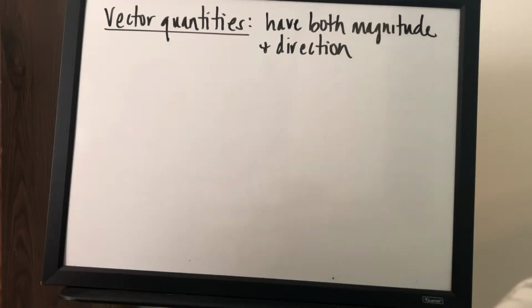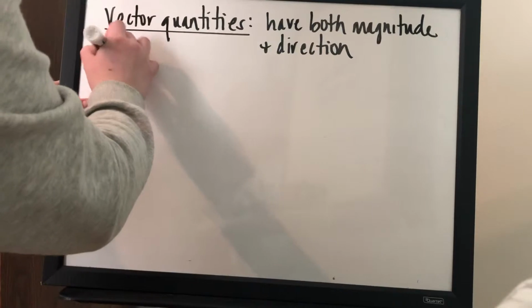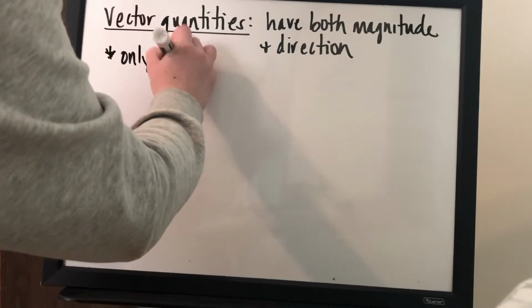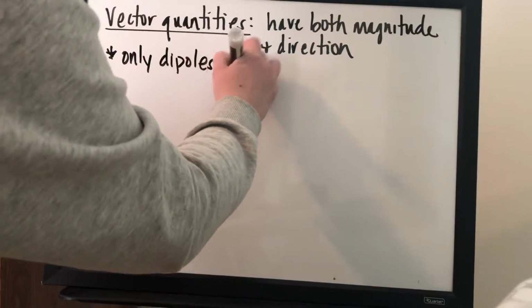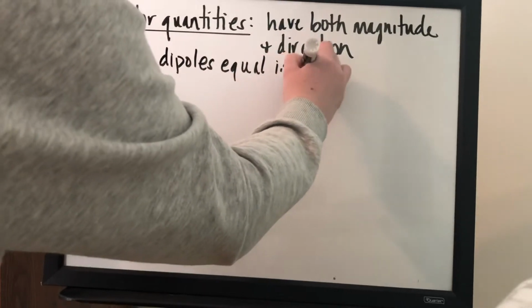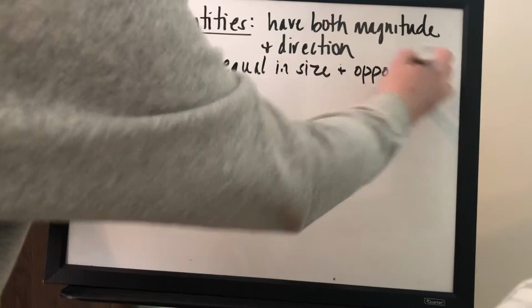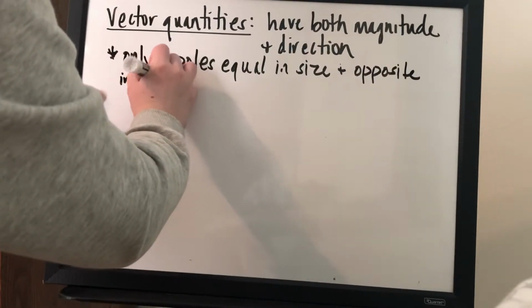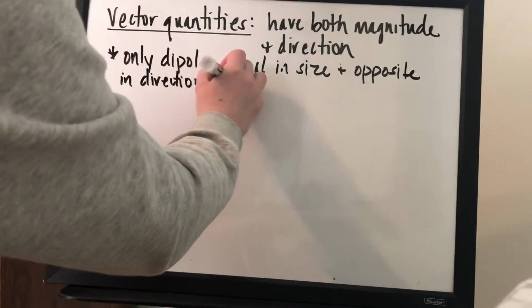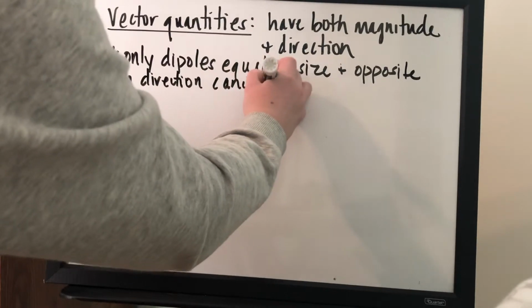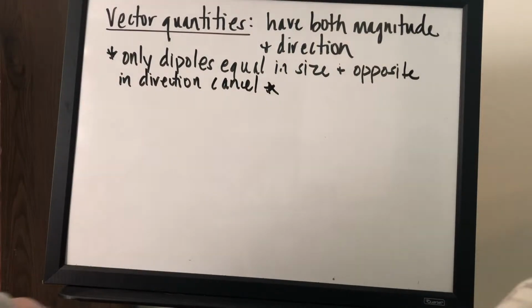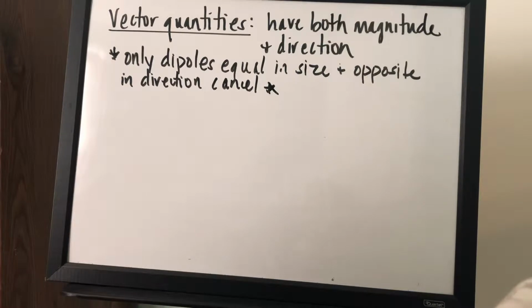Okay, and only vectors that are completely opposite in size and direction cancel out. So you might want to add that underneath. So only dipoles equal in size and opposite in direction cancel. I'm sure you probably discussed that in physics at some point.